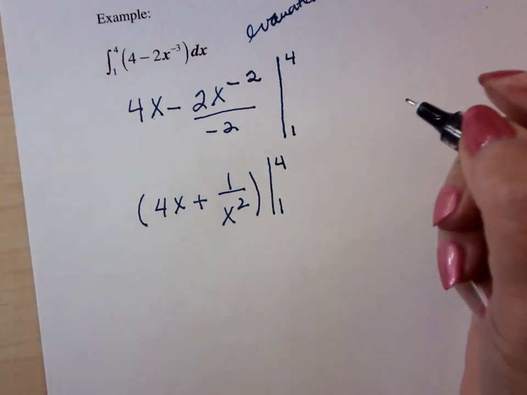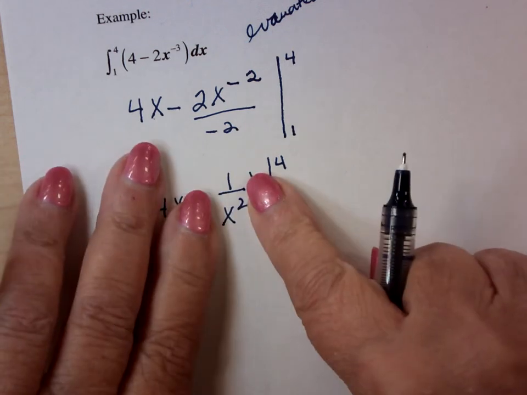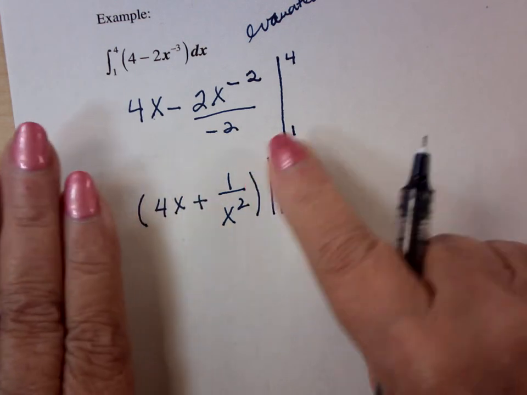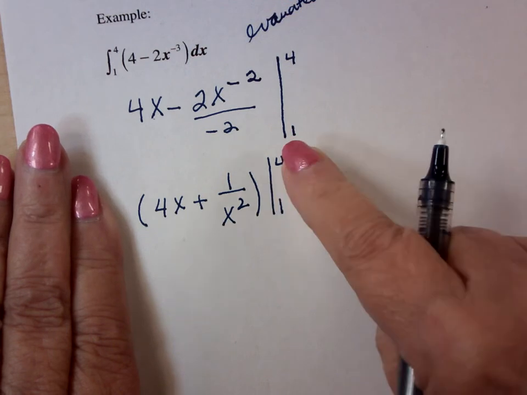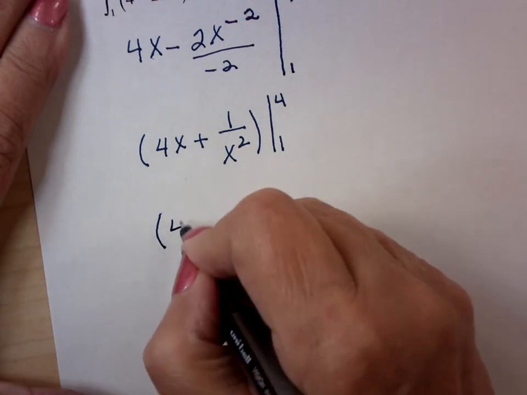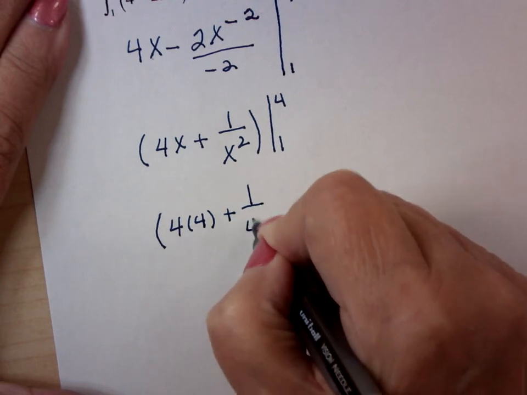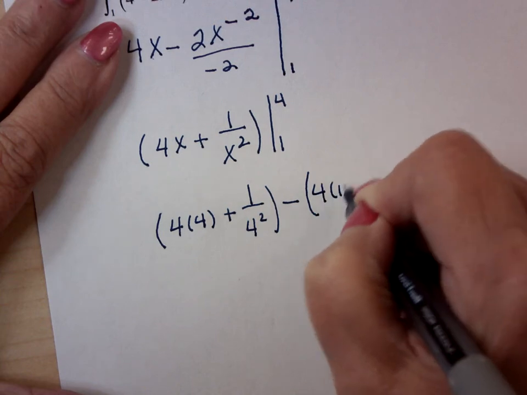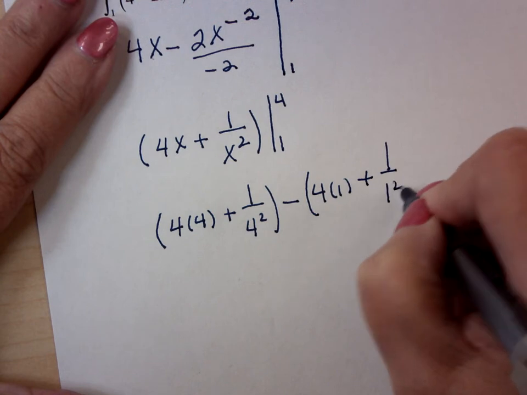Now, some people do the 4x from 1 to 4, then add the 1 over x squared from 1 to 4. I'd rather do the whole thing at 4 and then subtract the whole thing at 1. So what would this be? Well, if x equals 4, this would be 4 times 4 plus 1 over 4 squared, subtract 4 times 1, so it's upper minus lower, plus 1 over 1 squared.